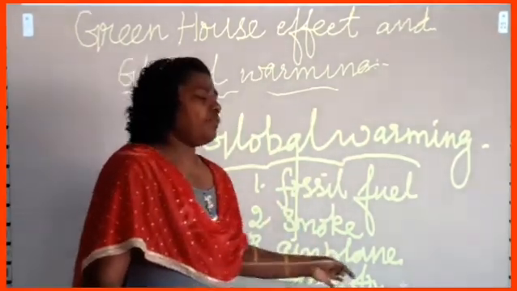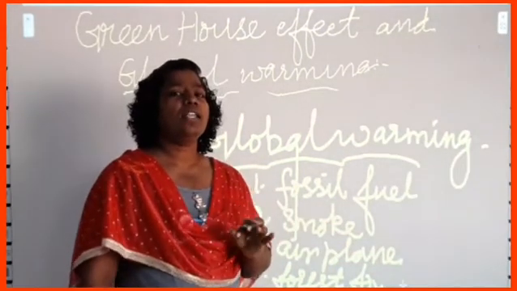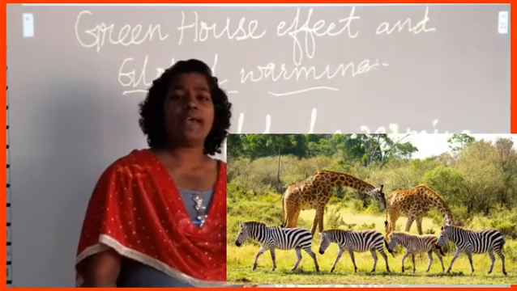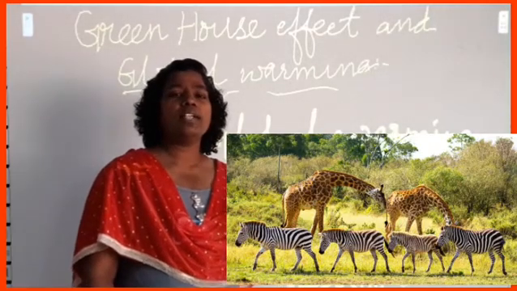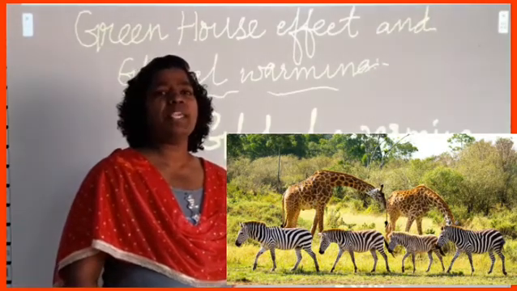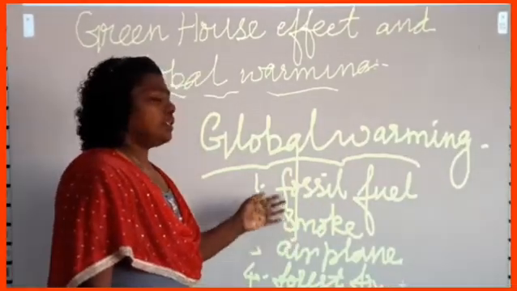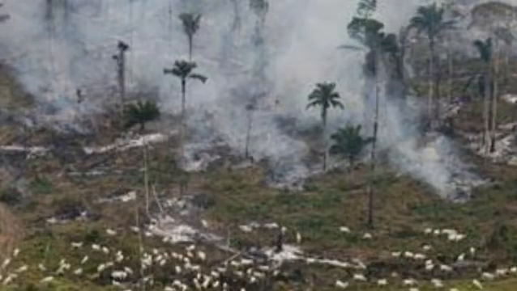The next thing is the increase of cattle rearing, which increases methane, because cattle emit methane. That also affects the earth and causes global warming. And the next thing is the rapid destruction of forest for agriculture and industries.